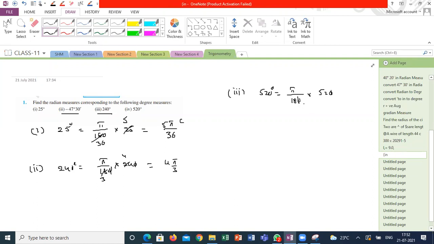What table will it go with? 18 directly? It will go with 20, sir. Sir, can you do the second one? Okay, after this, we'll do the second one. So 520 by 180, how much? 26 pi by 9.